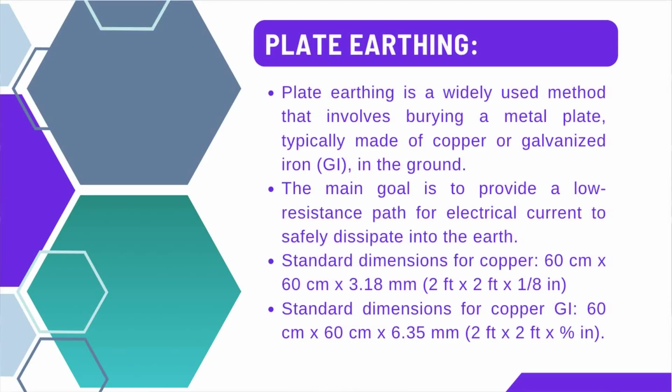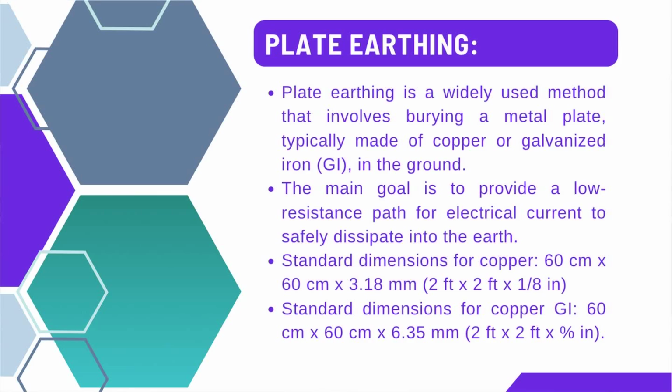The standard dimension for the plate is generally 60 centimeter times 60 centimeter times 3.18 millimeter. In feet notation, it will be 2 feet times 2 feet times 1/8 inch for copper. So this is a very specific configuration given for copper. And for GI, the specification is 2 feet times 2 feet times 1/4 inch.